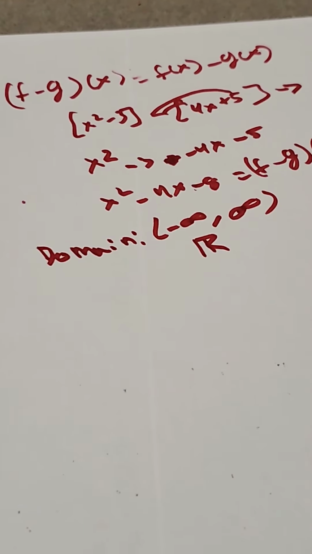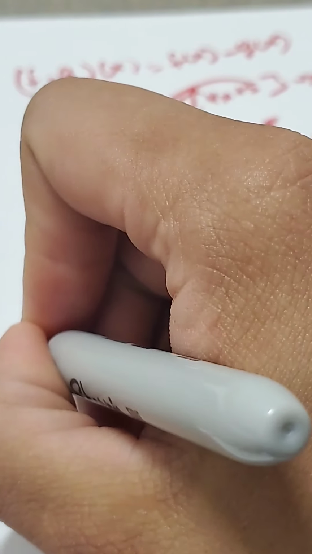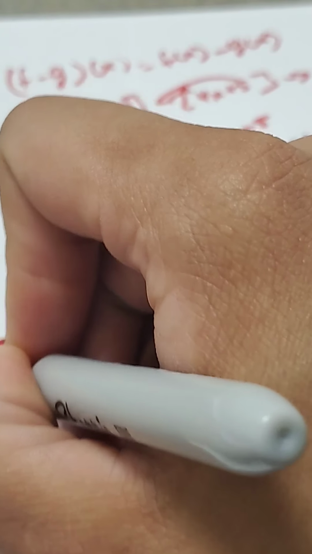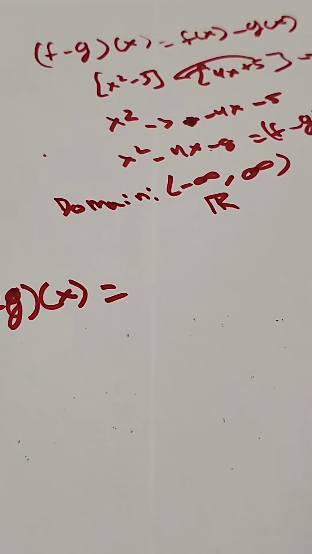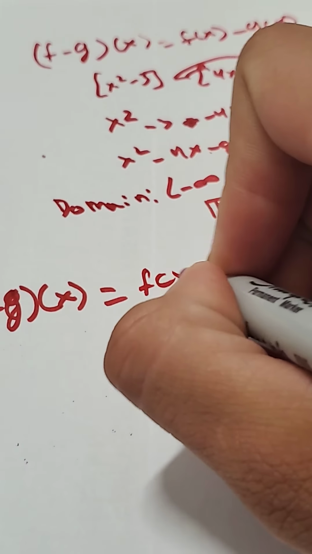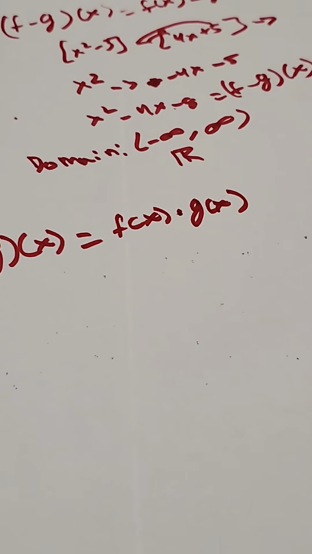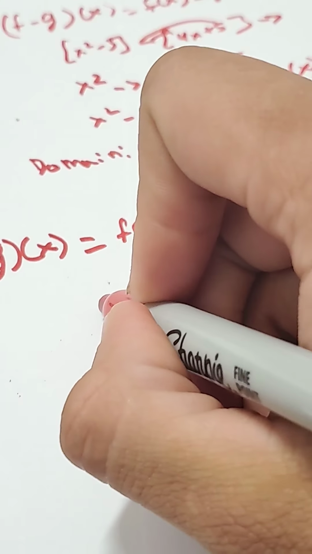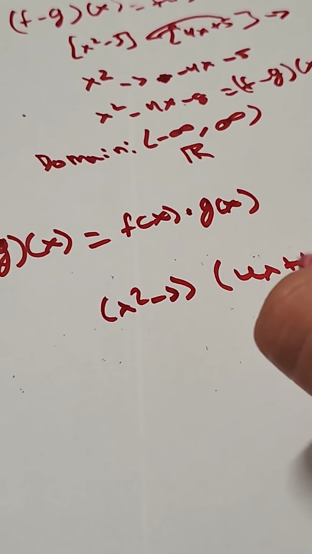Multiplying. So f times g of x is equal to f of x times g of x. Okay? Pretty much we take our x squared minus 3 times 4x plus 5.